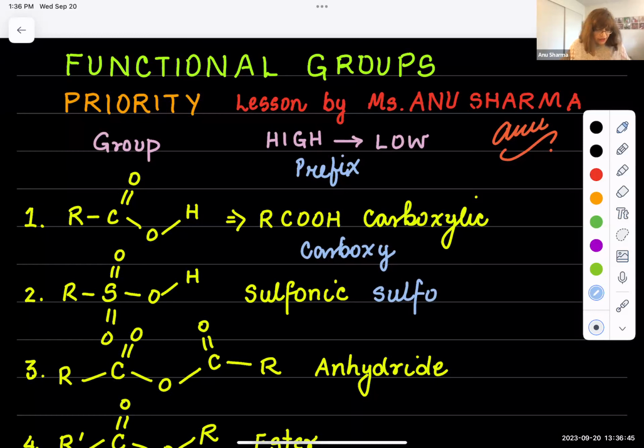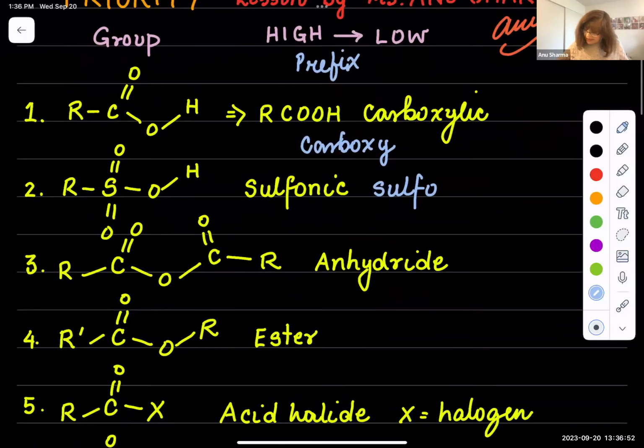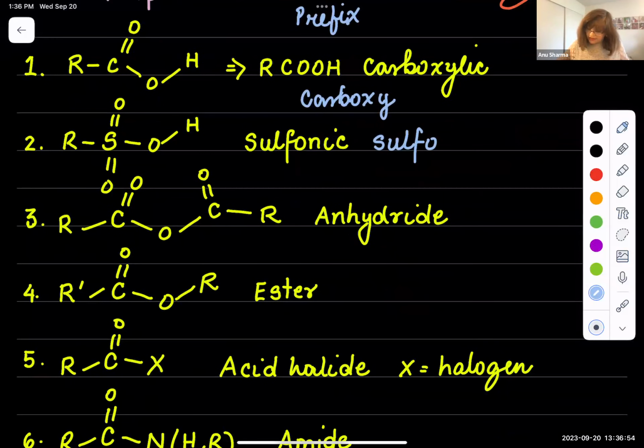Anhydride will remain anhydride. Now, alkoxycarbonyl. The OR is the alkoxy, and carbonyl is the C double bond O. So the prefix is alkoxycarbonyl. Again, this is for naming, okay?